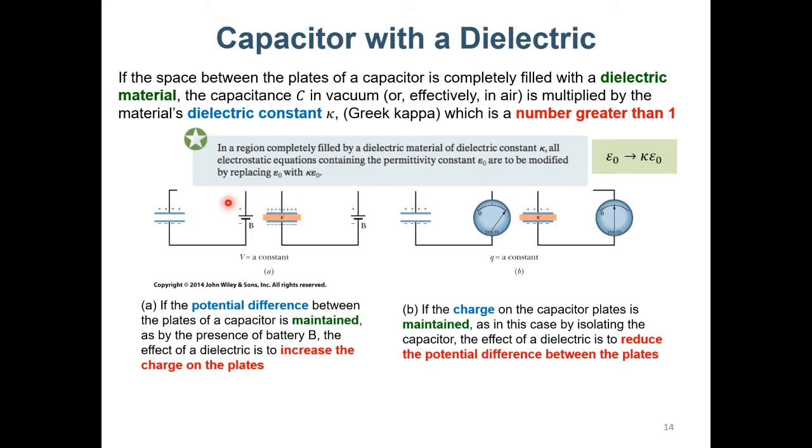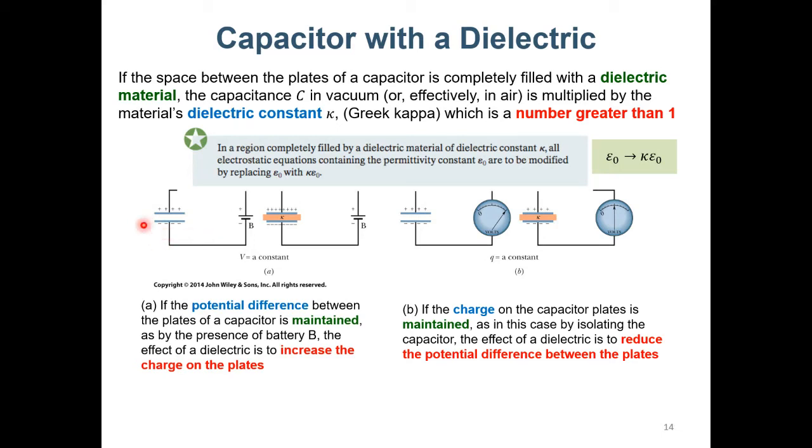In a region completely filled by a dielectric material of dielectric constant kappa, the electrostatic equations containing the permittivity constant epsilon naught are modified by replacing epsilon naught with kappa epsilon naught. So it will be easy. All the equations can be reused if the air gap is filled by the dielectric. You just add the kappa before the epsilon naught, then it will be fine.